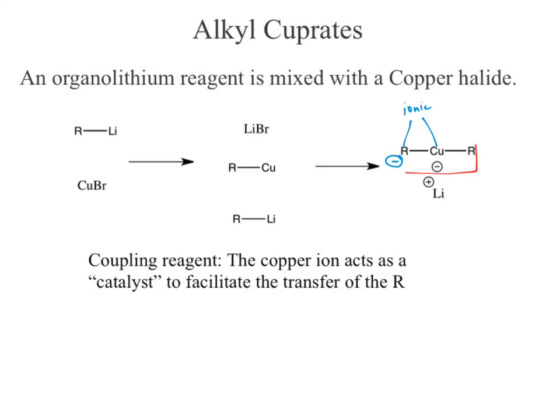Because of how those groups are attached, the copper picks up a formal charge of a -1, much the same way if we looked at sodium borohydride. Where's the negative charge in sodium borohydride? It's on the boron, but how does sodium borohydride react? As a hydride nucleophile. Okay? Same kind of things happening here with our copper reagent.